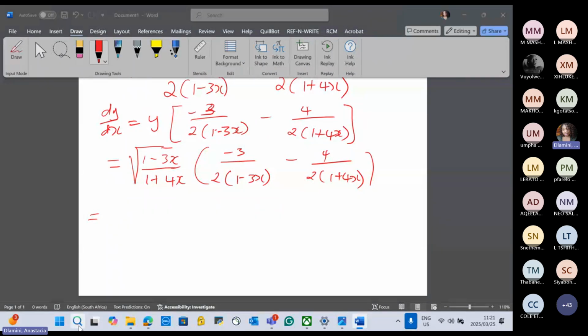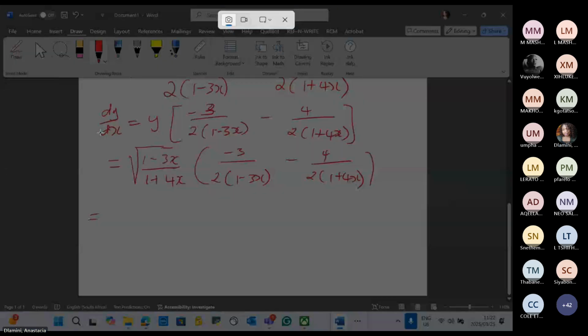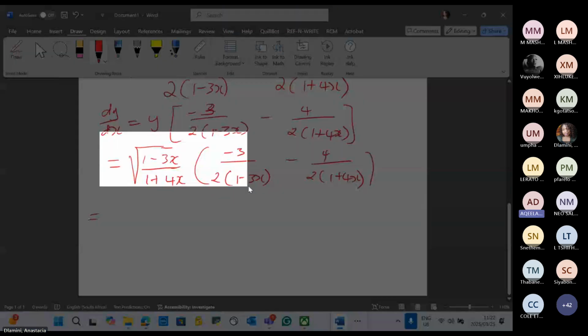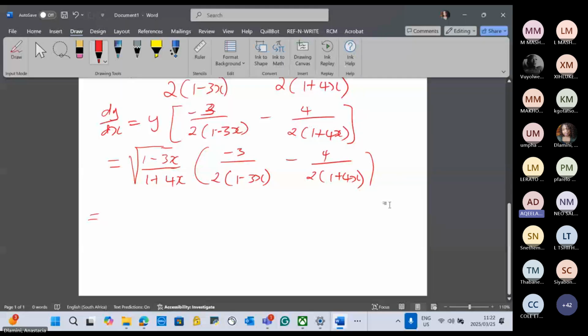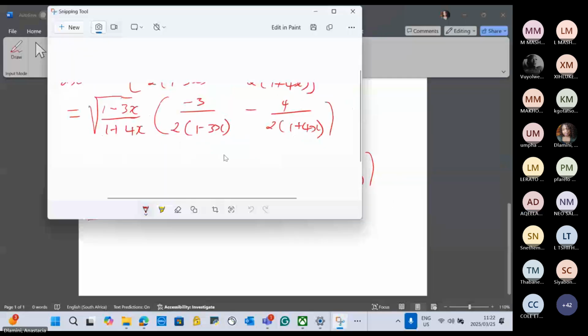What is the common denominator? (1 minus 3x)(1 plus 4x), if you've taken out the half. If you don't take out the half, then it's 2(1 minus 3x)(1 plus 4x). Are you all comfortable on how to find it?